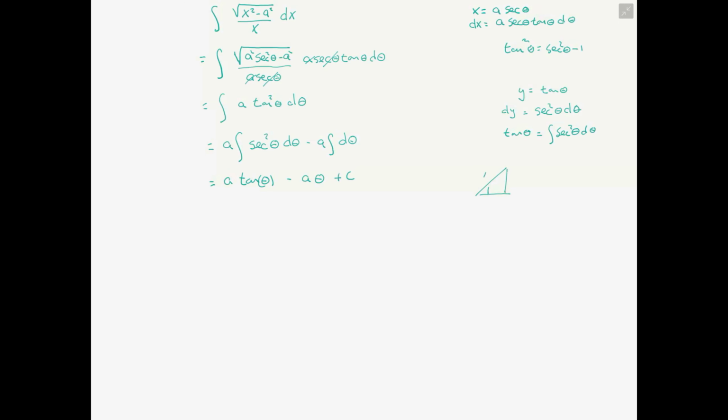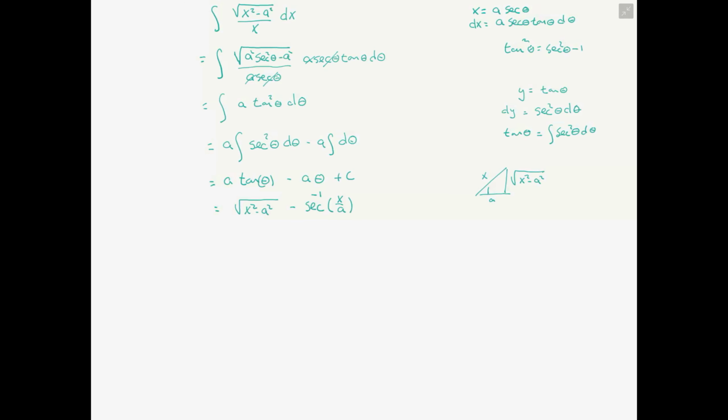So I make our little right triangle where x over a is the secant of theta, and we have on the vertical side of the right triangle the square root of x squared minus a squared, and we just plug in our expressions for the tangent of theta. Now I'm writing out my terms using my trigonometric identities.